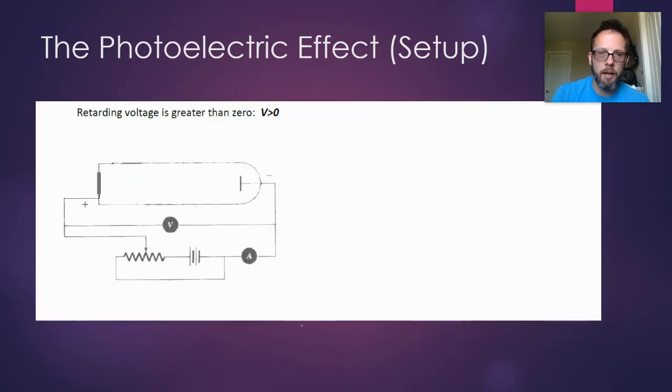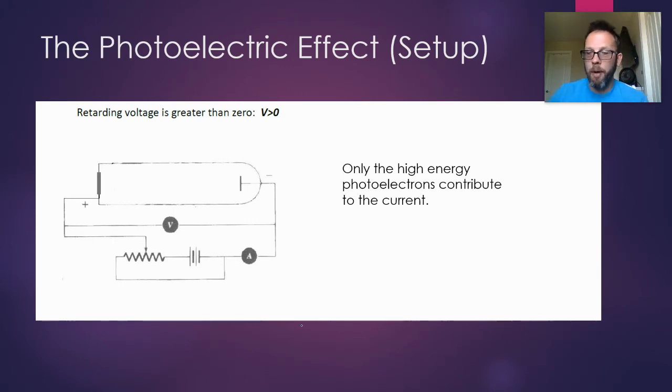All right, next up. What happens if you give a retarding voltage that's greater than 0? When there is some voltage slowing them down, only the highest energy electrons make it. If you recall, when I played around with the voltage, we had an example where electrons with a lot of kinetic energy were released.